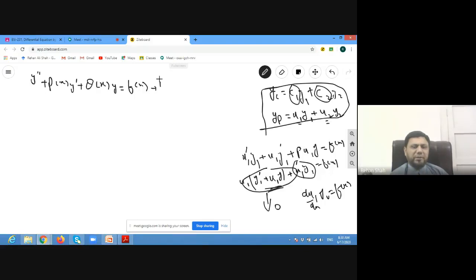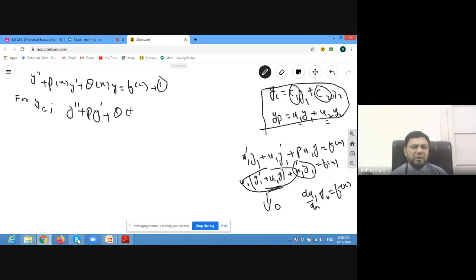So what we did for yc, we take this equation equal to 0: y double dash plus p x into y dash plus q x into y equal to 0. Actually, I am writing px as only p, and qx as q.